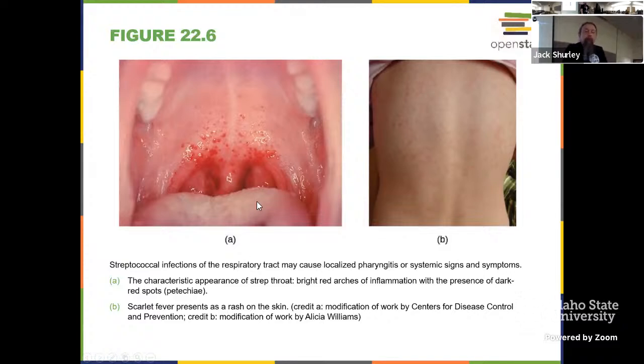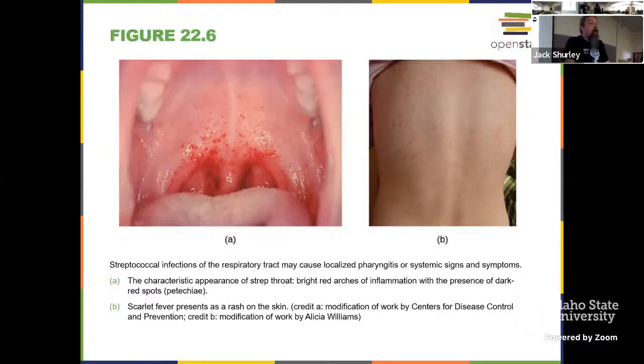So this bacterium could be something that we classify as normal flora in your mouth, all right? It depends on the circumstances, all right? If it's there in low levels, held in check by other organisms, you may be all fine and good, all right?